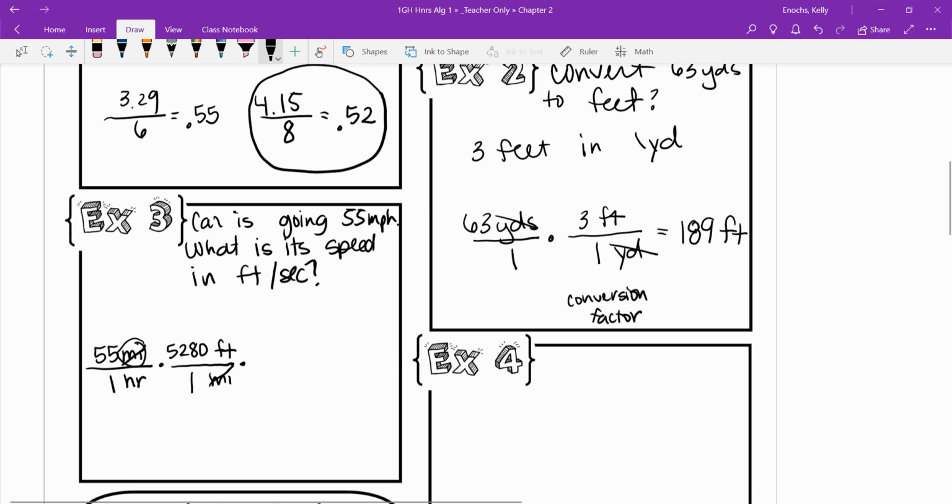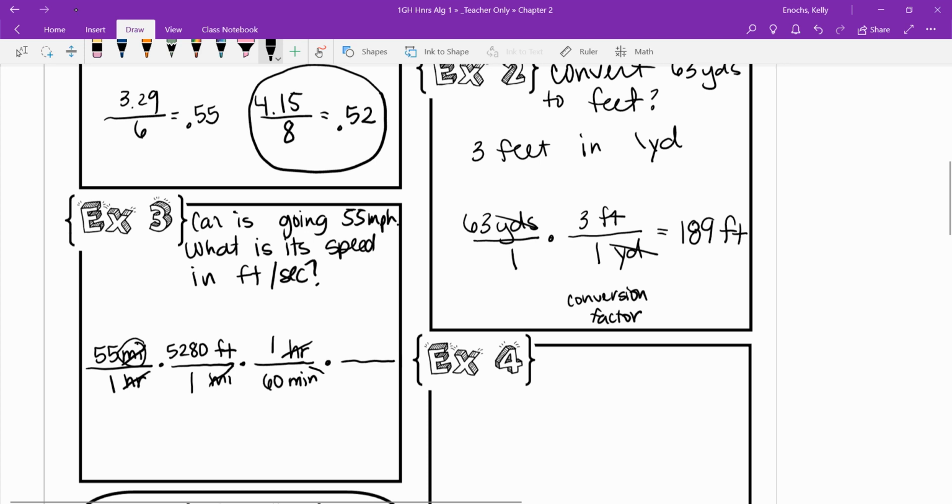Now for my next conversion factor, I'm going to go back to the original fraction and look at hours. If hours is in the denominator, then I want hours in my conversion factor to be in the numerator. That way they will cancel out. So in 1 hour, there are 60 minutes. And then for my final conversion factor, I have to figure out where to put the minutes.